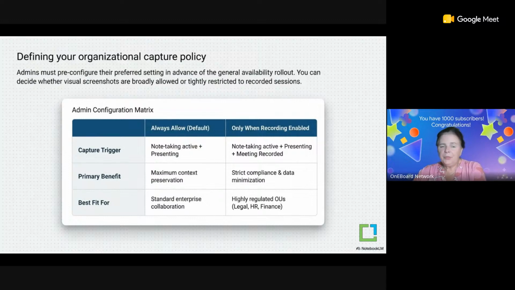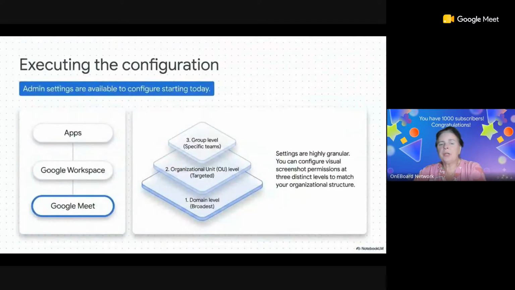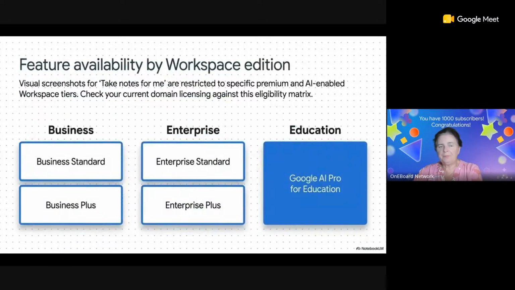So if you are an IT department at your work, go to the admin console and choose how you want these layers to be set up on the organizational units, groups, or individually. By default it is included, but if you wish, you can exclude that.